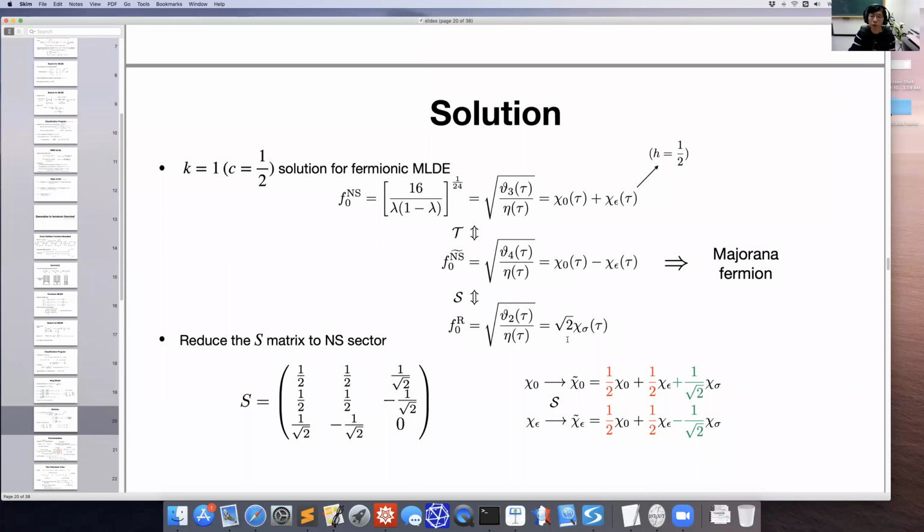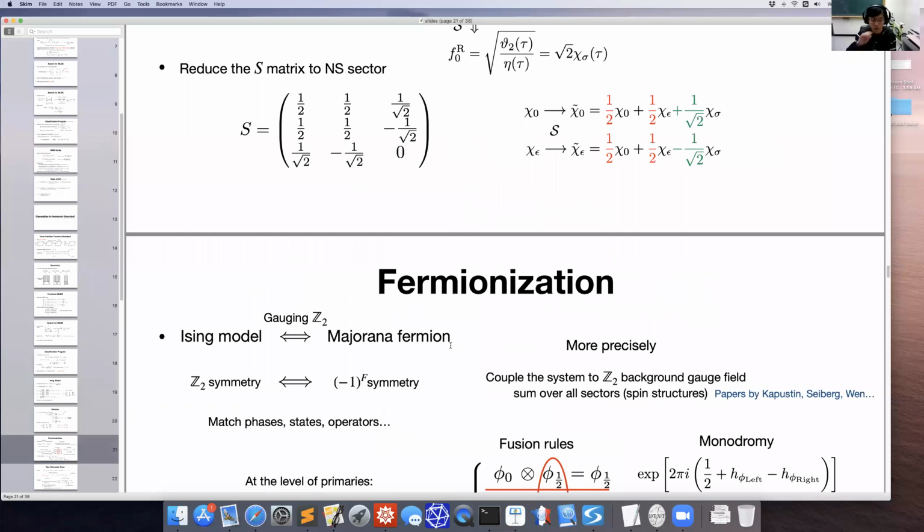So okay, you obtained this bosonic minimal model. Right, I mean, from the bosonic minimal model, you obtained this fermionic one, right? Right. By using some MLDE or some technique. How do you specify the fermionic field theory from the bosonic one? By this. This one, yeah.